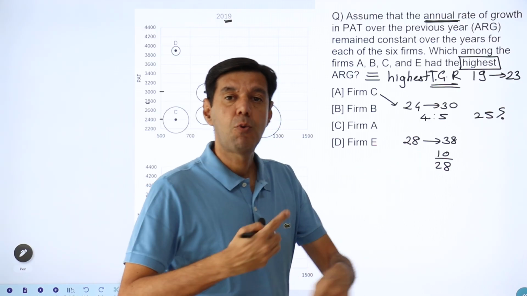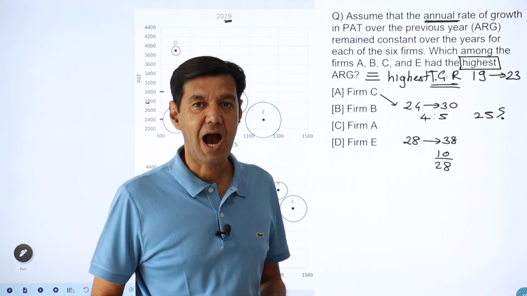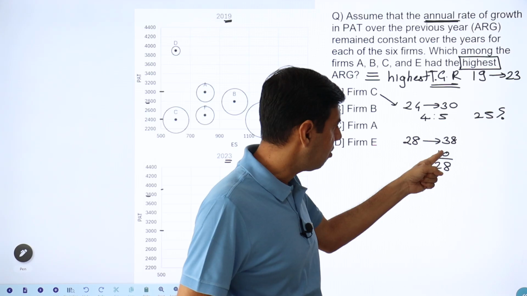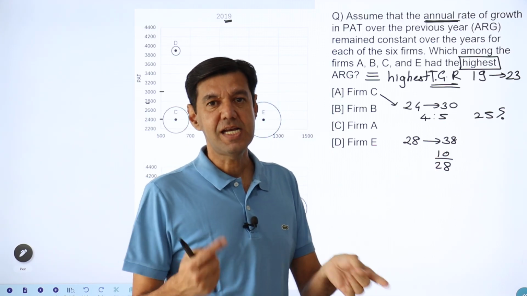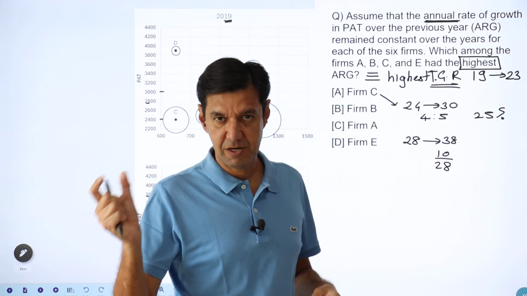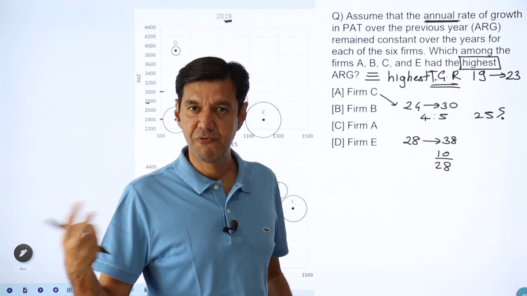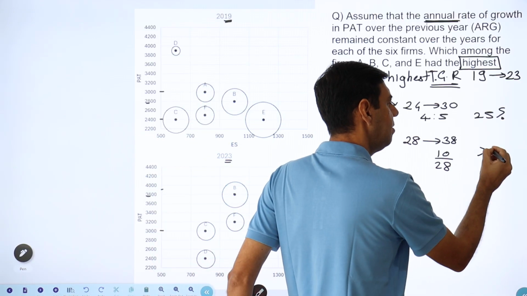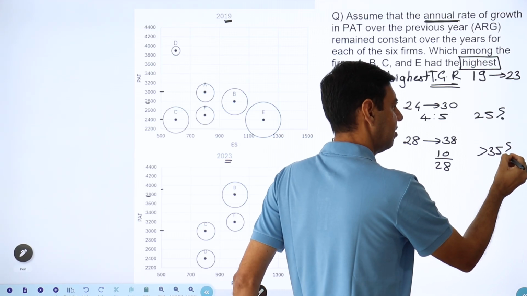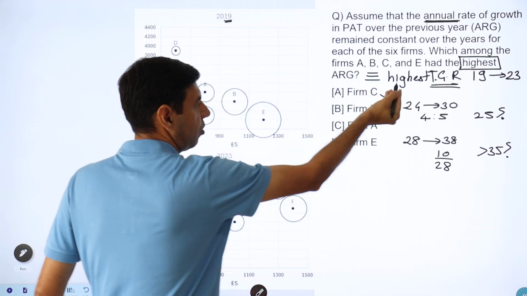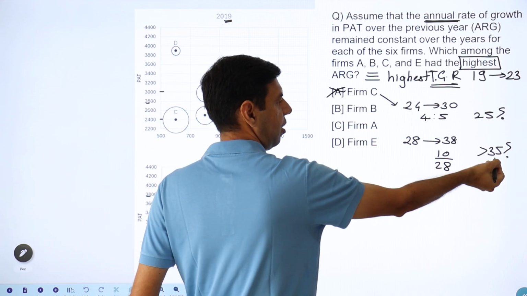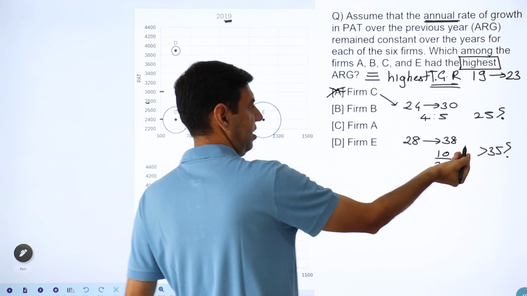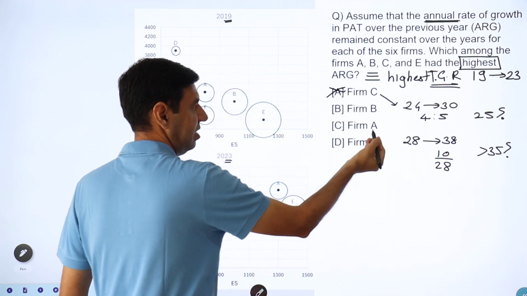So 1 by 28 will be half of that. Now here it's not 1, it's 10. So just take 1 by 14 or 7.14, 71.4, half it. 35 plus. So this will be more than 35% growth rate. And we want the highest. So this can't be my answer. I already know one which is more than 35. Let's see, is there anyone more than this?